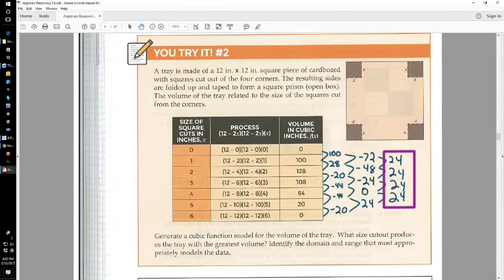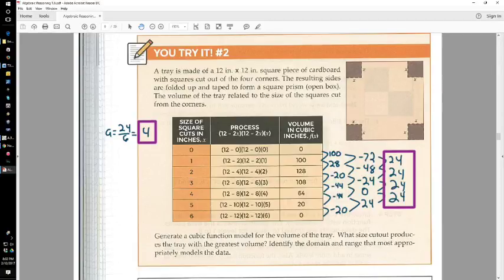Mr. Hunter was just getting freaked out that it seemed as if it was getting smaller and then it started getting bigger again. I was seeing weird things, but it worked. So, the volume of the tray, there's your information. Let's write the cubic function. A is your third difference divided by 6. So 24 divided by 6 is 4.